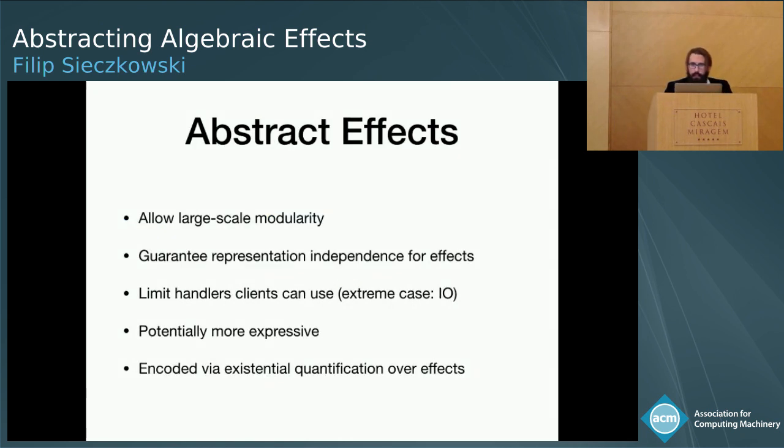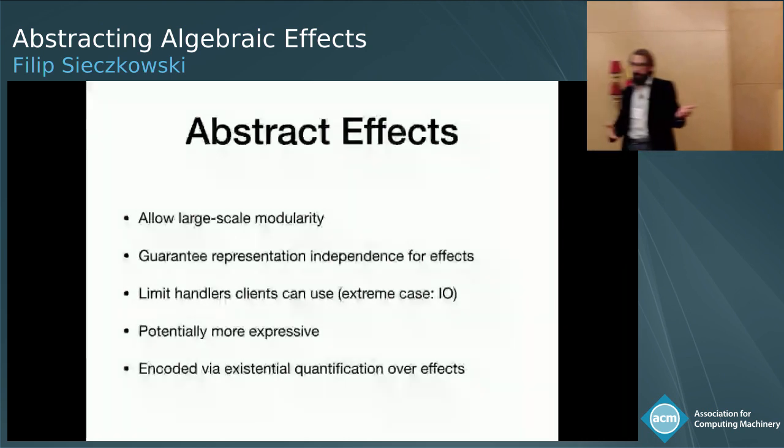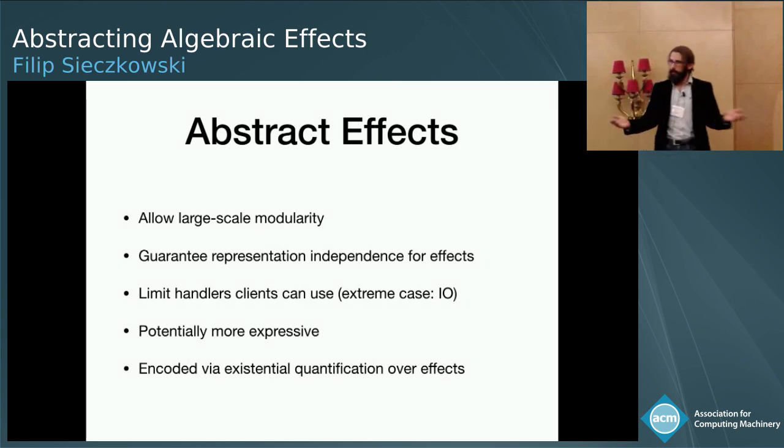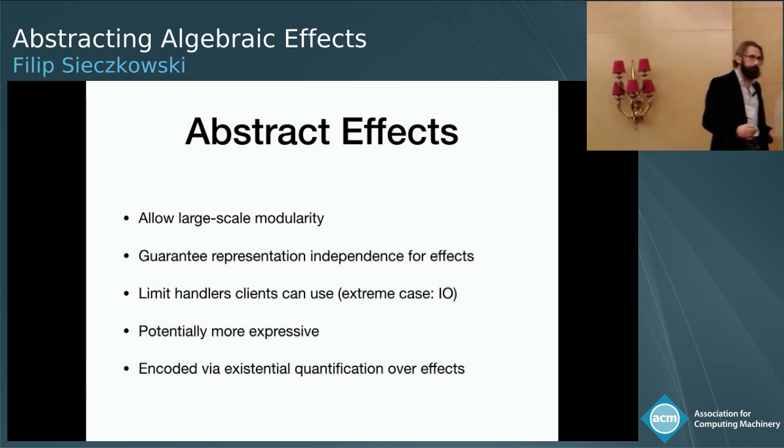So this would be nice for the usual reasons, right? This would allow large-scale modularity in the context of a language with algebraic effects. It would guarantee representation independence for effects. So we could replace one specification of an effect with another specification of effect if we found a better implementation for it.